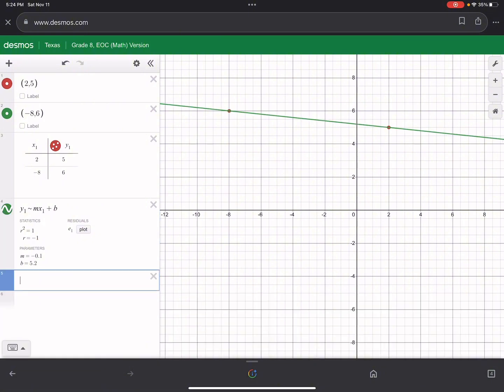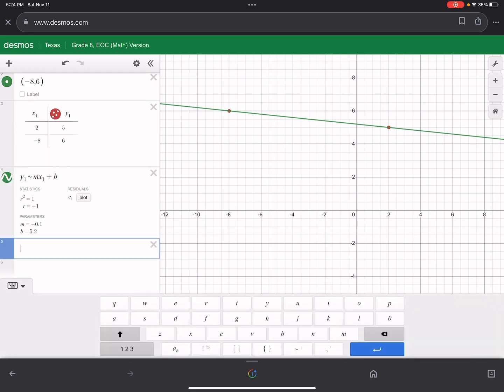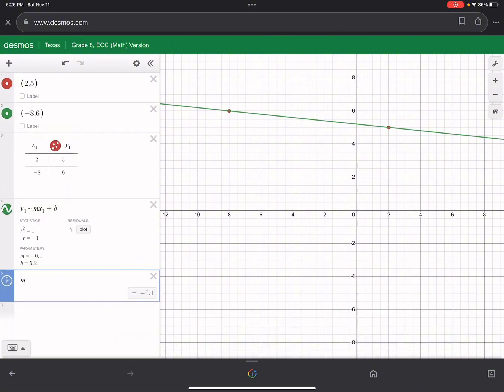So I'm going to go here. I'm going to type the letter M. And guess what? You don't even have to figure out the decimal point conversion to a fraction yourself. You type the letter M, and to the right of that M, there's a circle with a little fraction right there. When you tap it, it changes it to the fraction for you.